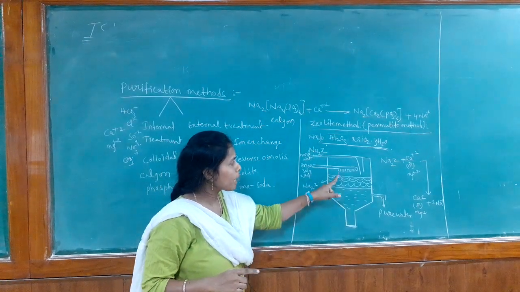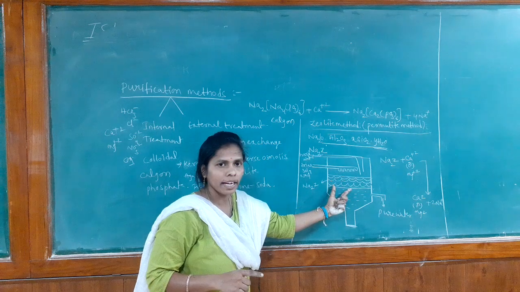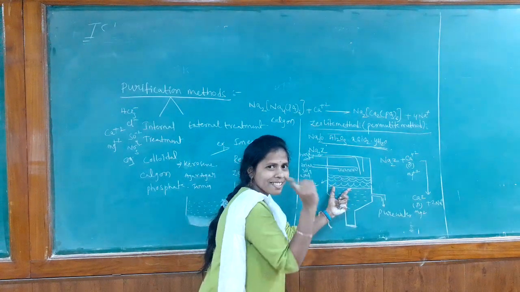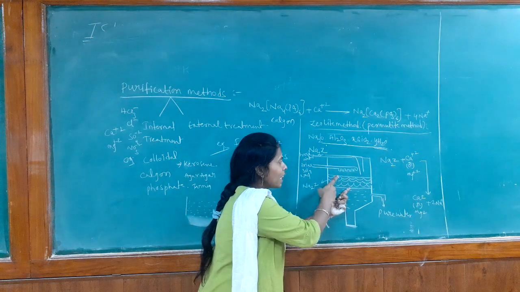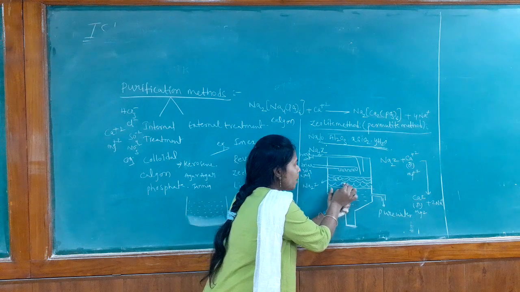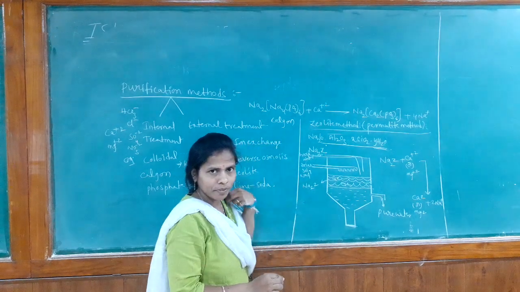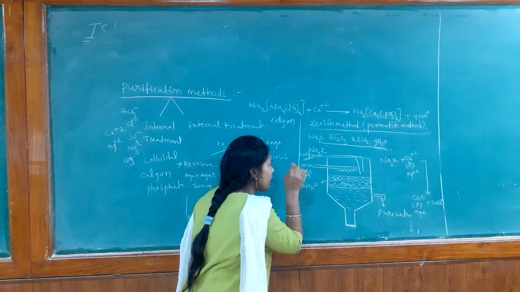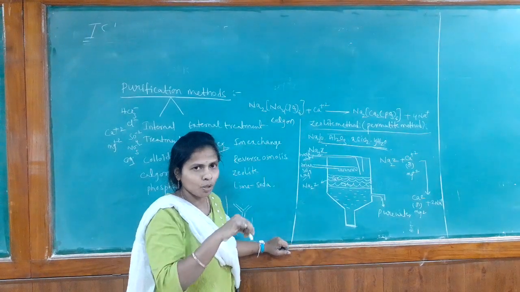By sending the brine solution through the exhausted zeolite, which holds calcium and magnesium, that means CaZ and MgZ, these Ca plus ions are again replaced with Na plus ions from the brine solution.